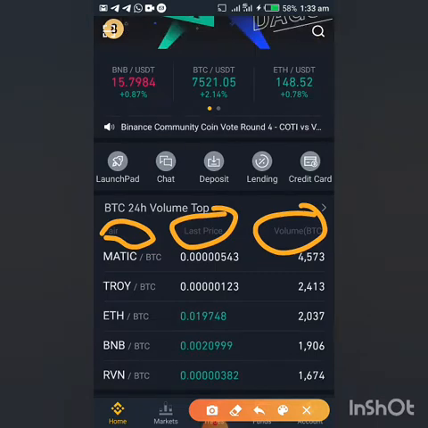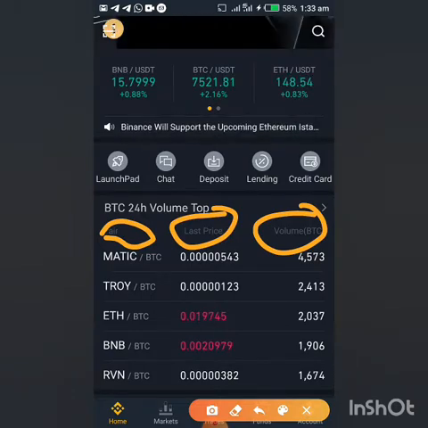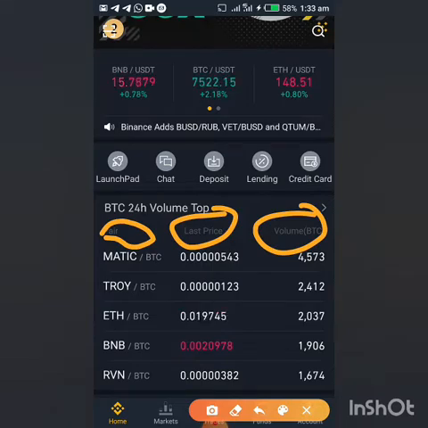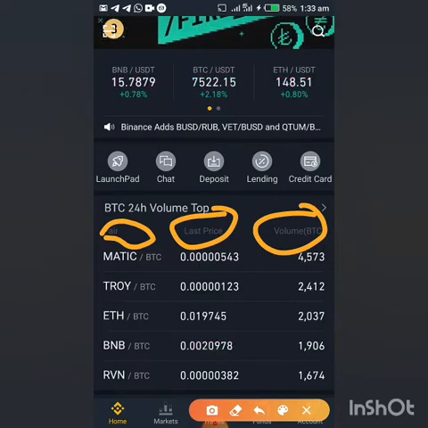As you can see, Matic has the highest volume, with 4,573 Bitcoin being traded. That's how it's graded.